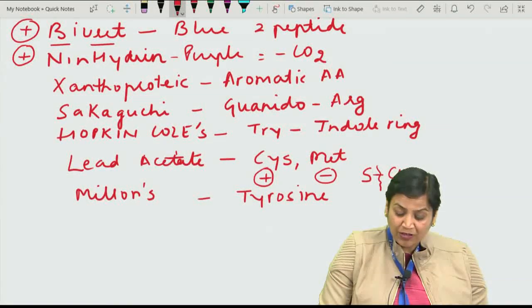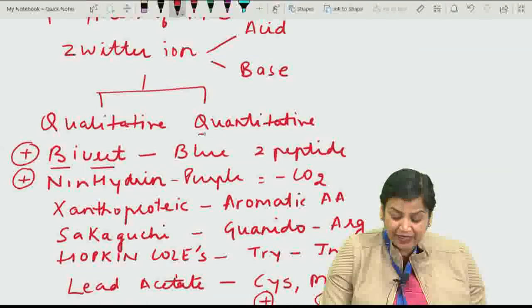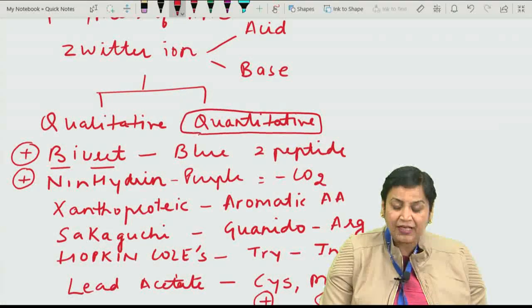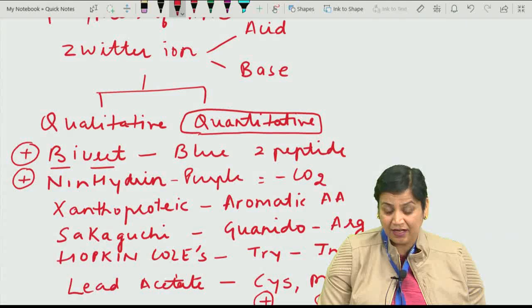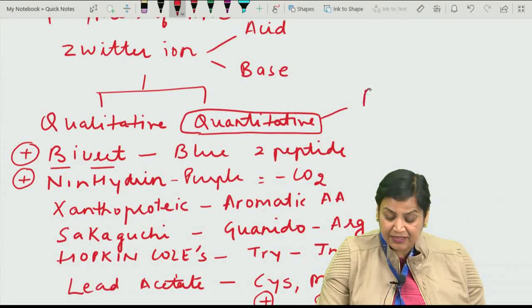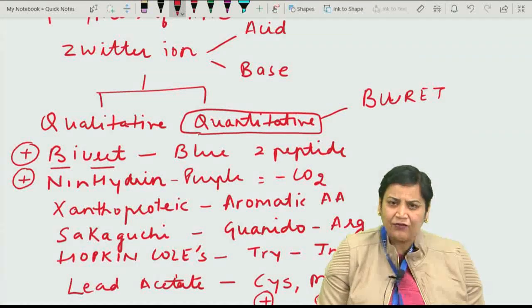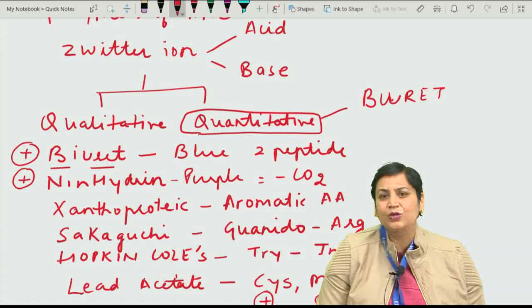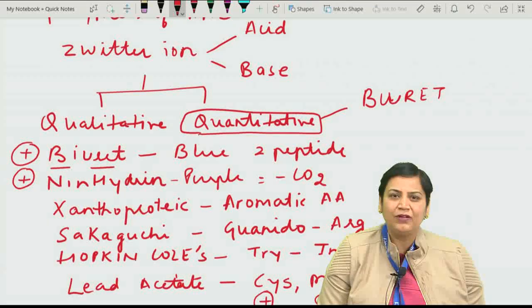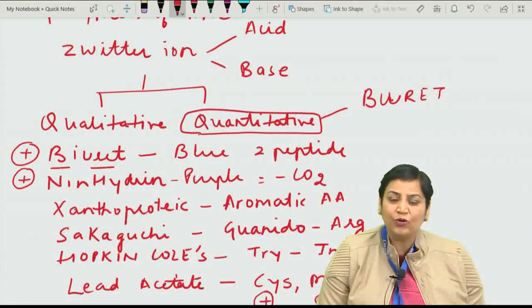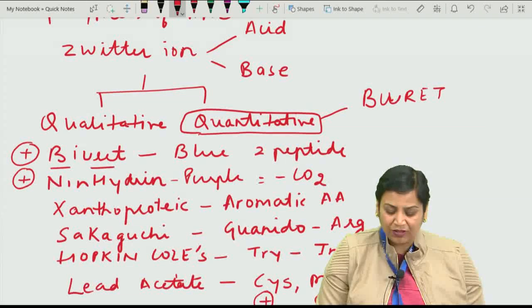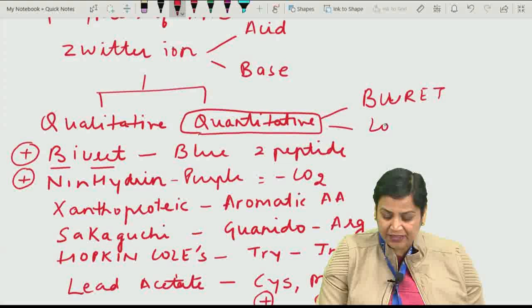Then another segment was the quantitative one. Quantitative means we are predicting the amount of protein present in it. Quantitative test is mainly the biuret test, or you can say the biuret test is the only test which is qualitative as well as quantitative. For example, if we have to assess the amount of protein in a vaccine, we carry out this biuret test. There are other tests also, like Lowry's test, Bradford test.